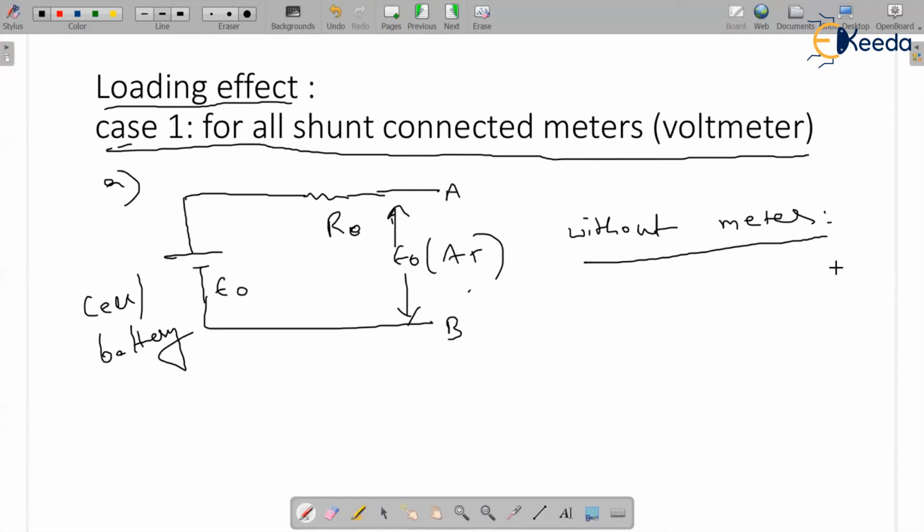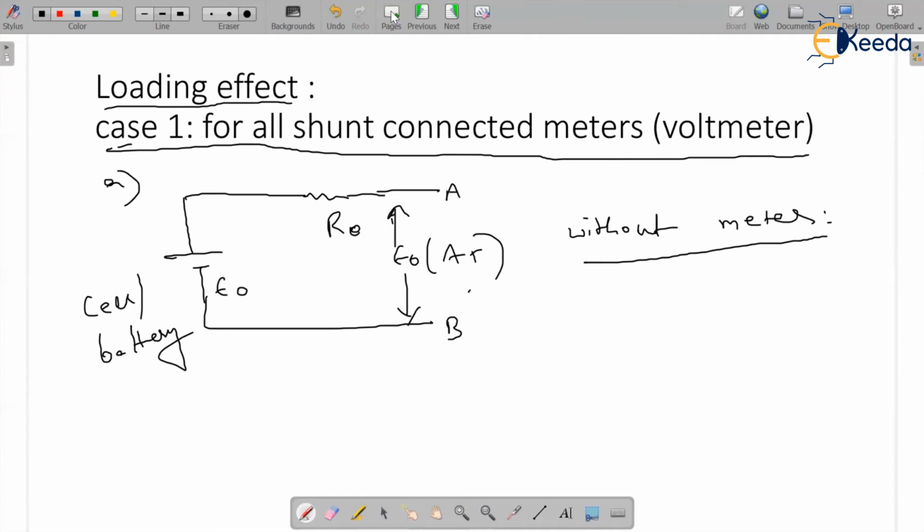So without meter, I can name this the ideal value E naught. This is because whatever the source voltage E naught is, it is equal to the output voltage.